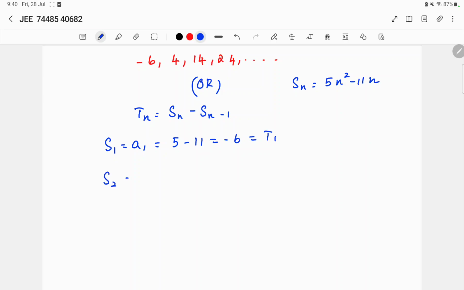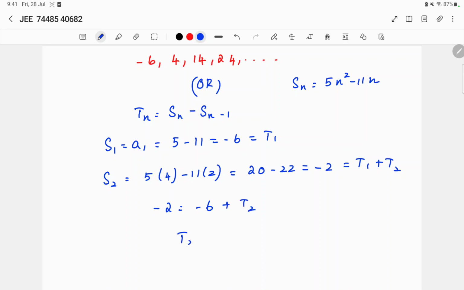And S2 will be equal to 5 into 2 square, 4, minus 11 into 2. So it is 20 minus 22, which is minus 2. So this is the same as T1 plus T2. Now what I got here is minus 2 equal to T1, which is minus 6, plus T2. Now from here T2 I got 6 minus 2, it is 4.